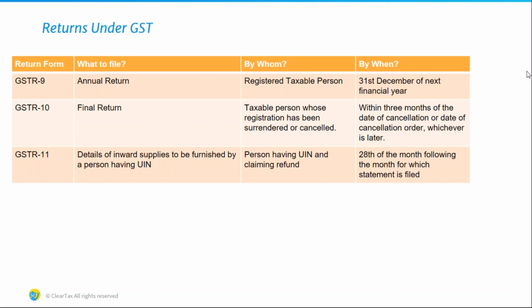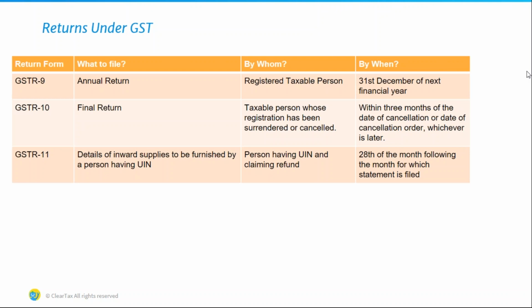What this timeline means is, for the year 2017-18, let's say from April 2017 to March 2018, for this particular tax period, the annual return has to be filed before 31st December 2018. So that is the timeline for the annual return.